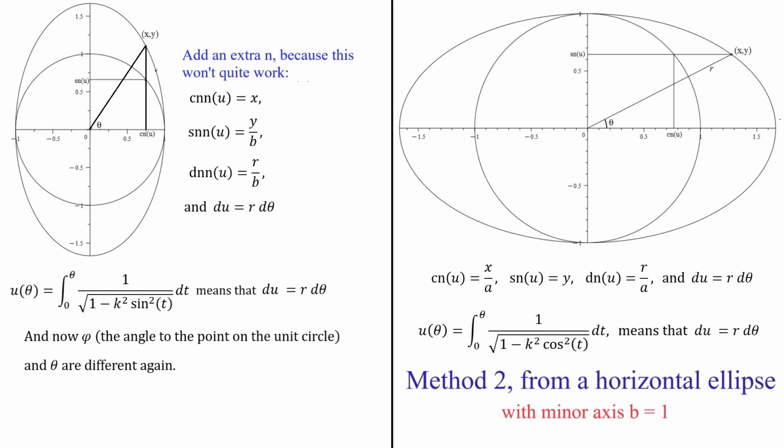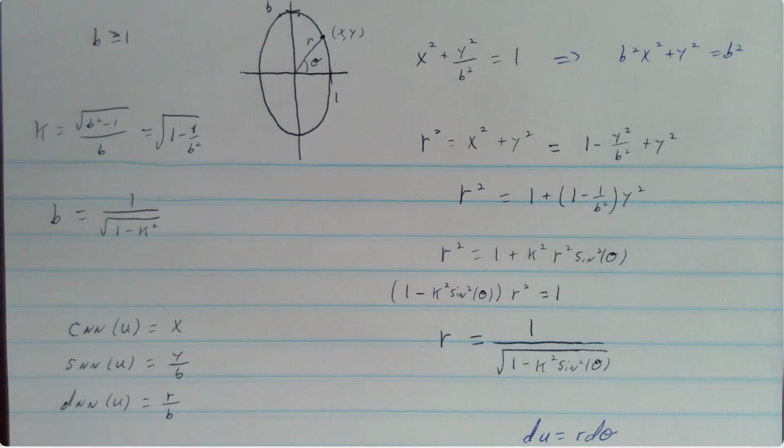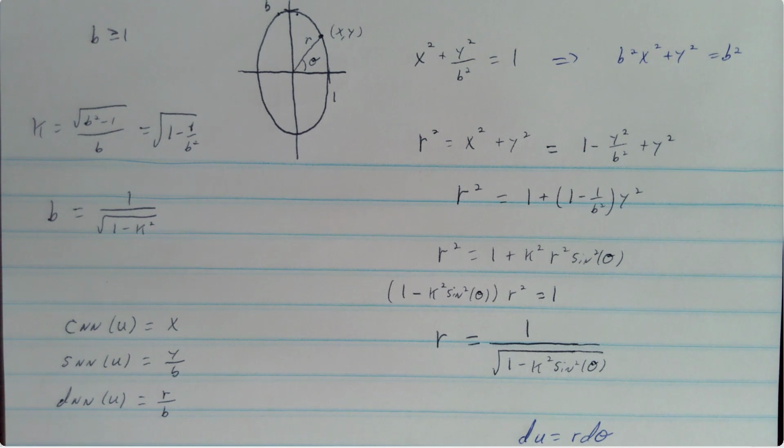So if I just go straight to the unit circle on the horizontal ellipse, the same kind of thing will happen as I'll show right now. So to try that same idea, we will get r as the integrand, perhaps that we want this way.